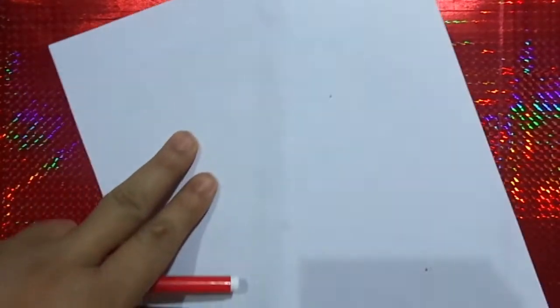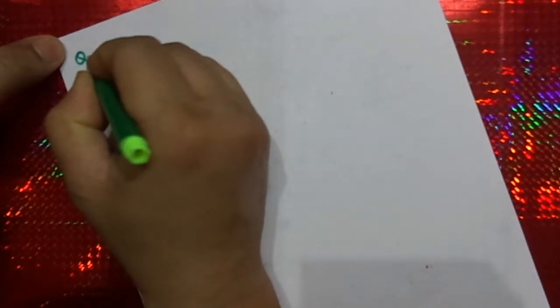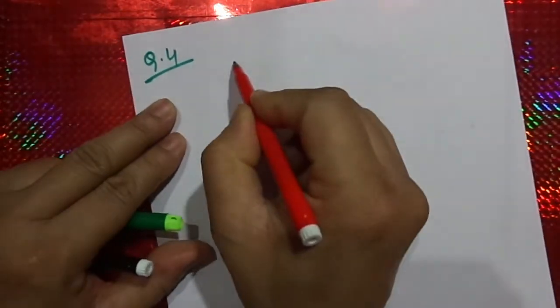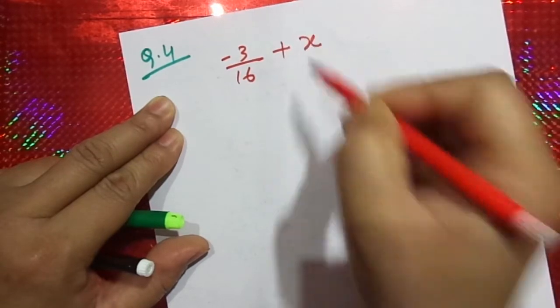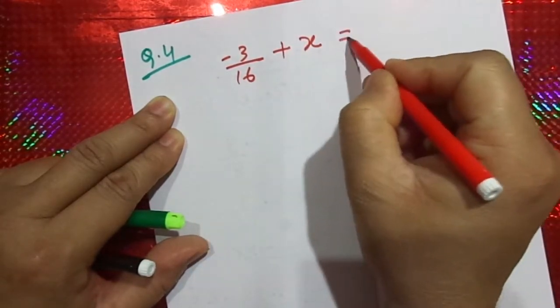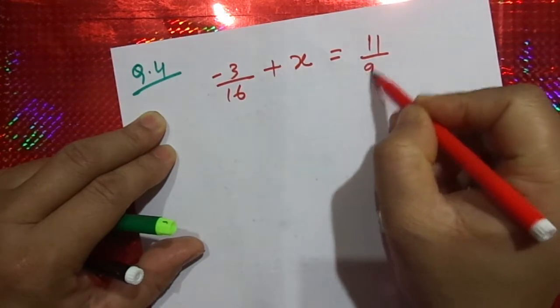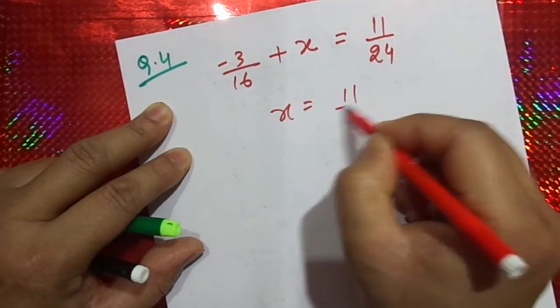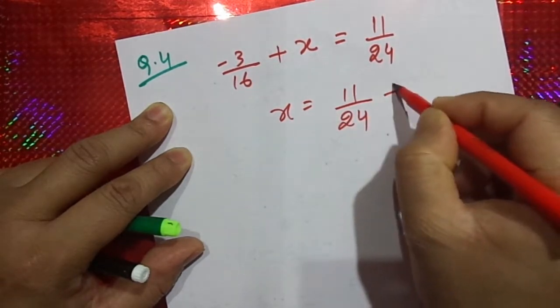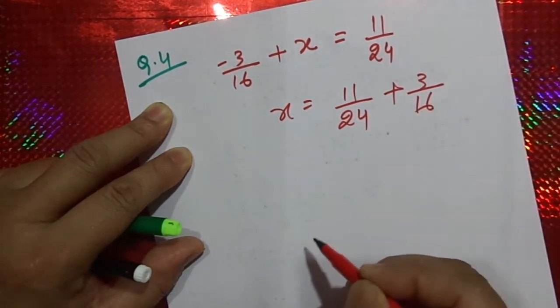Let's come to the next, that is number 4. When we come to question number 4, I find the same thing: the sum of two rational numbers is minus 3 by 16 and the other one, which you do not know, is equal to 11 by 24. Therefore, the value of x will be equal to 11 by 24 plus 3 by 16.